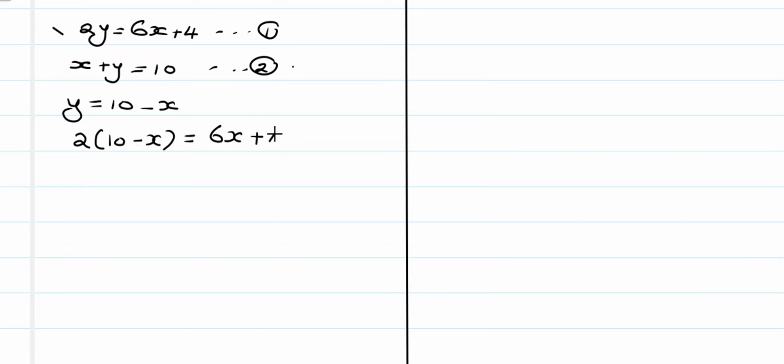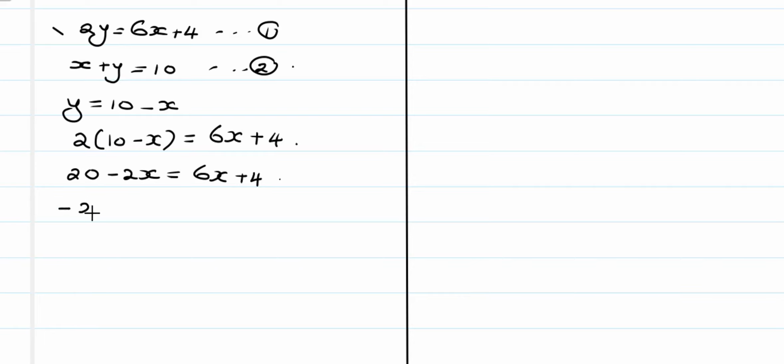6x plus 4. Then 2 multiplied by 10 is 20, I'm opening the brackets, minus 2 by x, which is minus 2x, is equal to 6x plus 4. From there, I can group the right terms together. So I can take x here and then 20 on the other side.